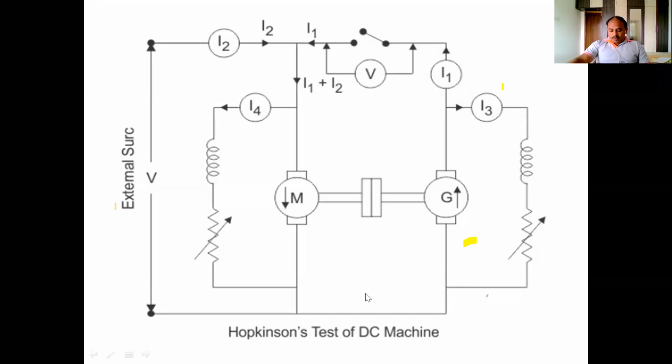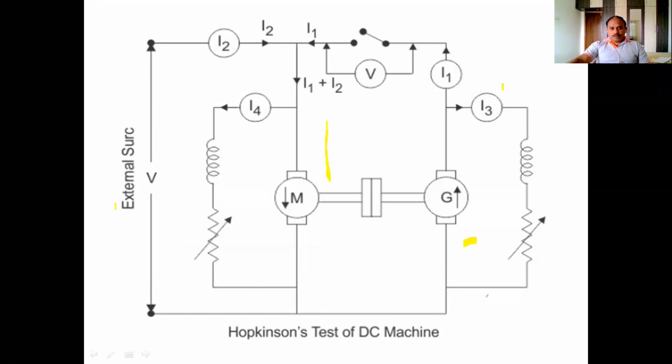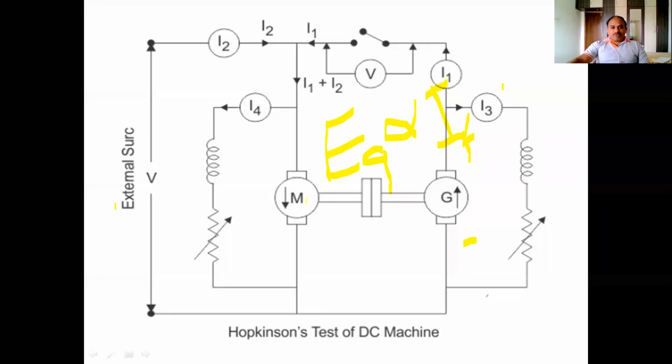So what is the relation between generated EMF and field current of the generator? EG is proportional to IF. What is the relation between speed and field current of the motor?